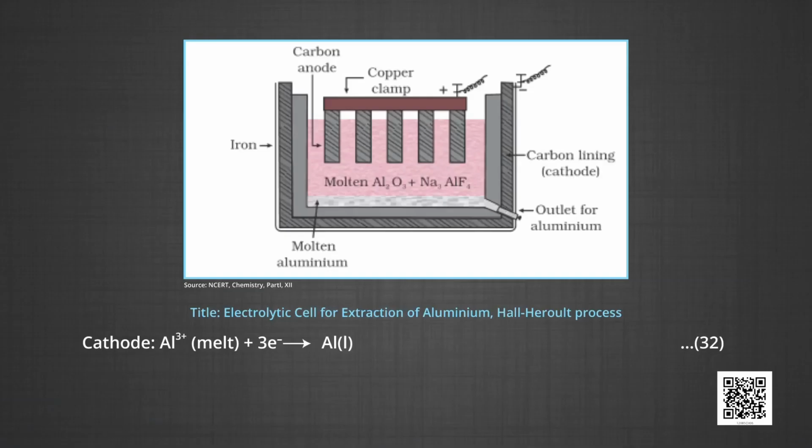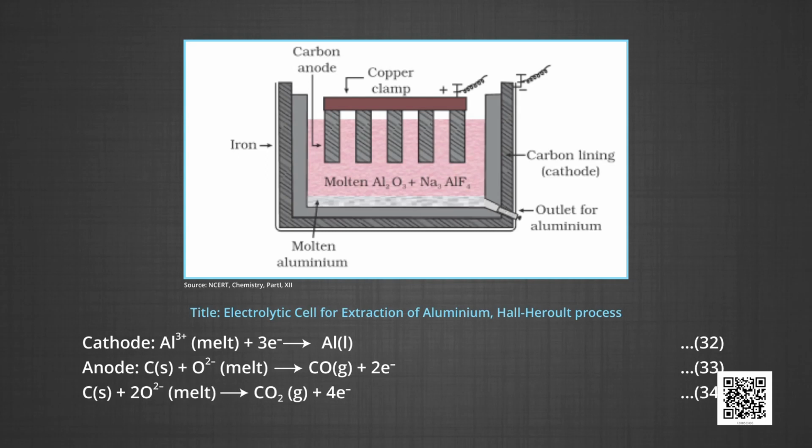The electrolytic reactions are: at the cathode, Al3+ ions in the melt combine with 3 electrons to give aluminium metal. At the anode, coke reacts with oxide from the melt to form carbon monoxide and releases 2 electrons.